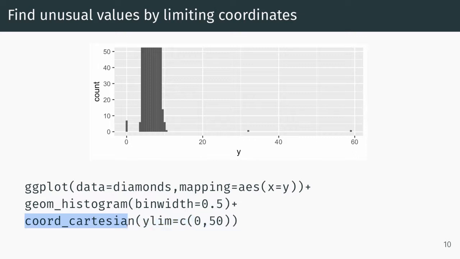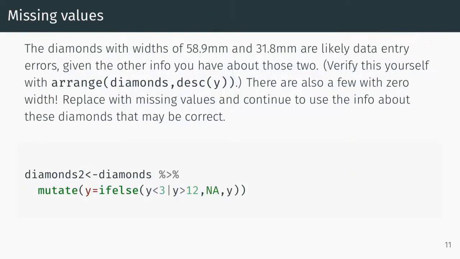This is a way of creating a little window into a portion of the data. And we see that there are these strange outliers here. And these are diamonds with widths of 58.9 millimeters, which is ridiculous. That's, you know, an incredibly gigantic diamond.